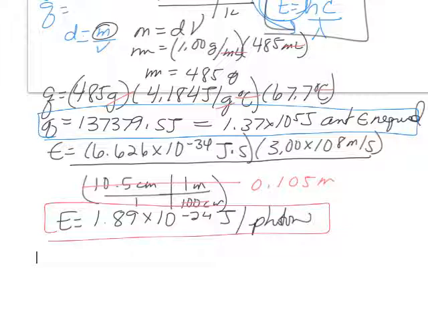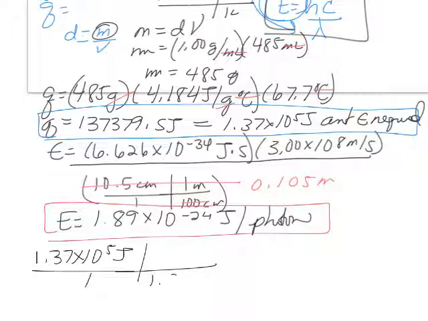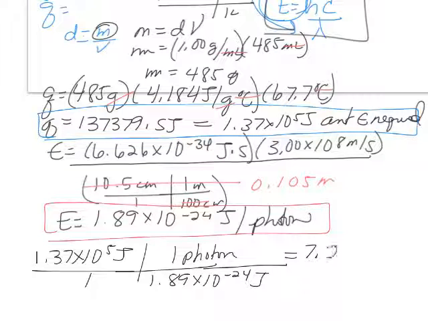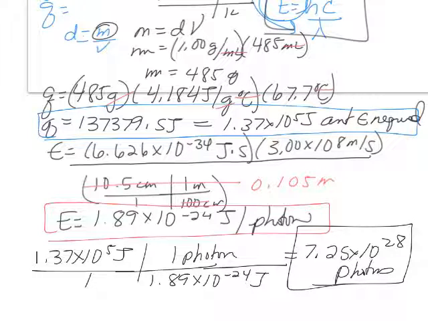You have 1.37 times 10 to the 5th joules over 1, and you have 1.89 times 10 to the negative 24 joules per 1 photon. When you work that out, you get 7.25 times 10 to the 28th photons. And that is the number of photons that were absorbed by the water.